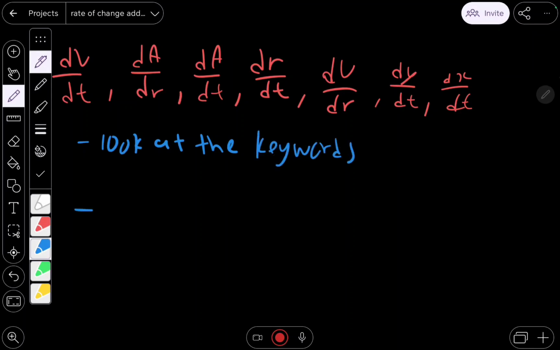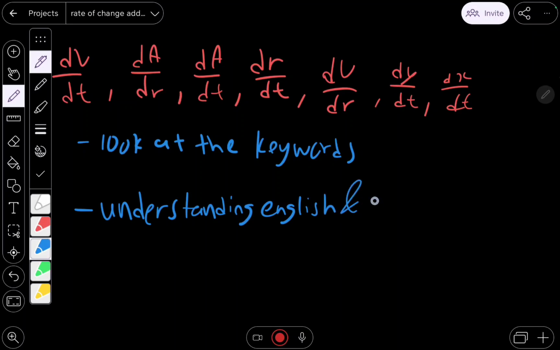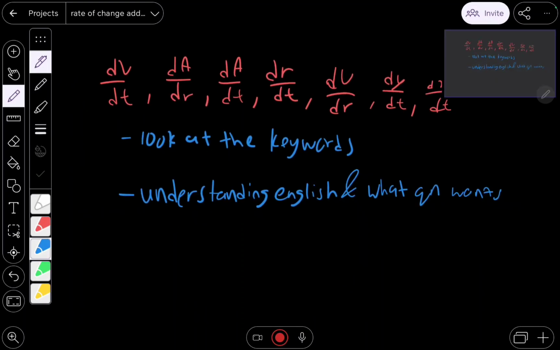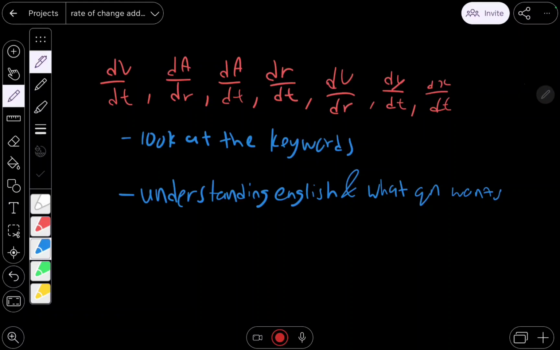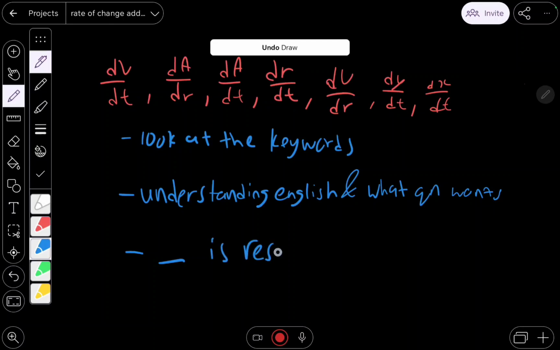Rate of change is basically just about the understanding of the English, and you must know what the question wants. Alright, so what else? Look at keywords, understand English and what the question means, and also know what is with respect to another factor.